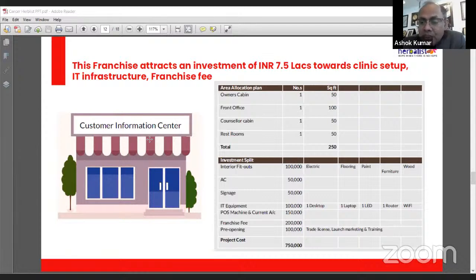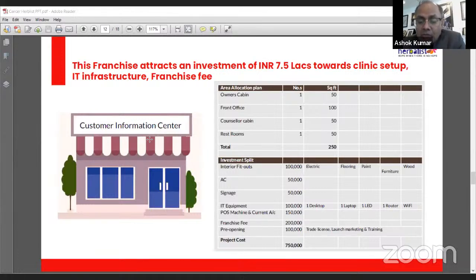Your POS machine and billing machine is 1.5 lakh rupees, including the software installation cost. Franchisee fee is 2 lakh rupees, and you can consider your pre-opening expense of 1 lakh rupees. So at 7.5 lakh rupees, you can start your business.